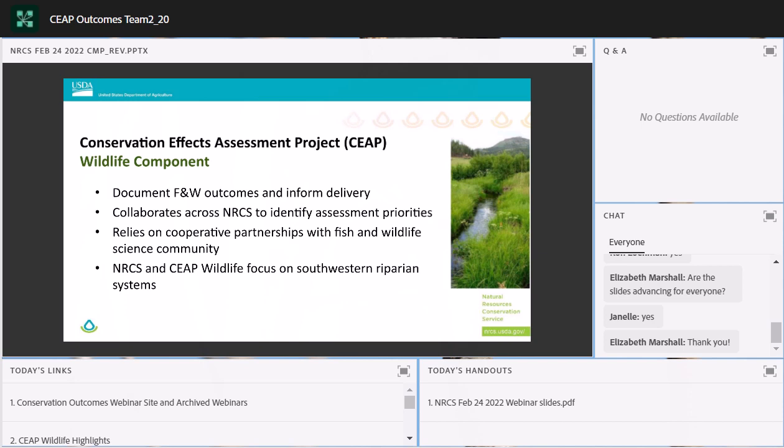In response to the increased attention to southwestern riparian conservation and requests we received from state and regional NRCS contacts for increased knowledge of this species' needs, CEAP Wildlife has been supporting a number of assessments to help us understand how the New Mexico meadow jumping mice respond to conservation work and to inform more effective delivery of conservation for that species.